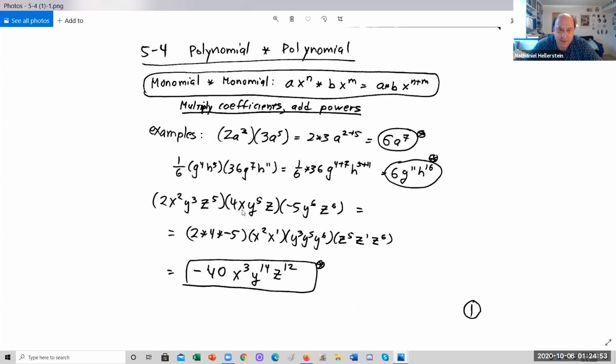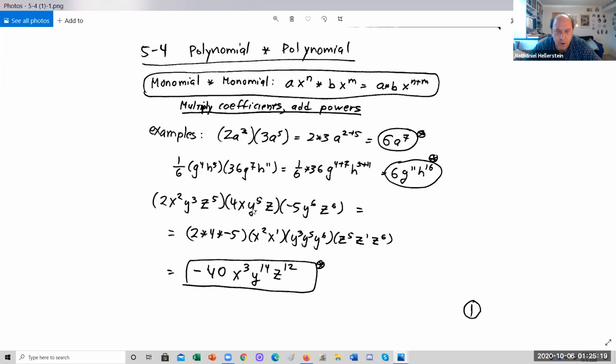Now here's an even gnarlier one. 3 of them multiplied together with 3 variables each. Oh my goodness. The coefficients are 2, 4, and negative 5. 2 times 4 times negative 5 comes out to negative 40. X to the second, x to the first, x to the first, be careful, and no x's at all in one of them. Add the powers 2 and 1 and get x to the third.